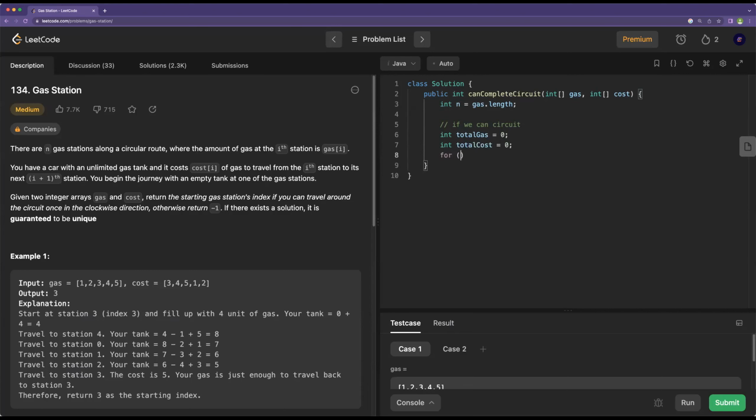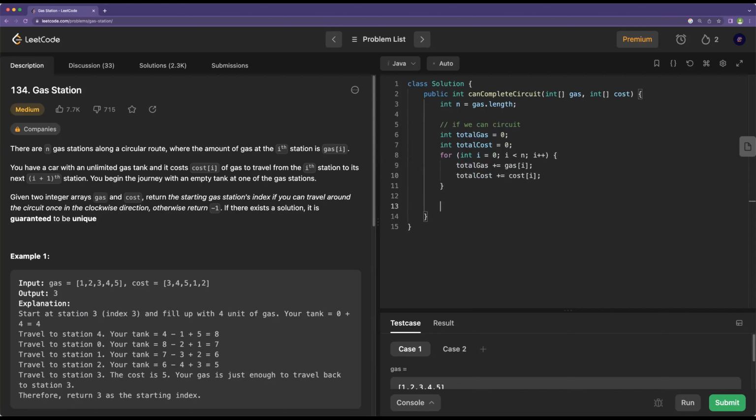So first, int i equal to 0, i less than n, i plus plus, and total gas plus equal to gas of i, and total cost plus equal to cost of i.